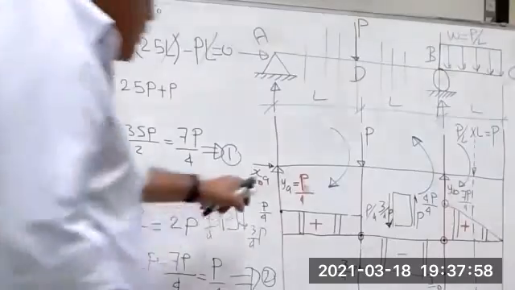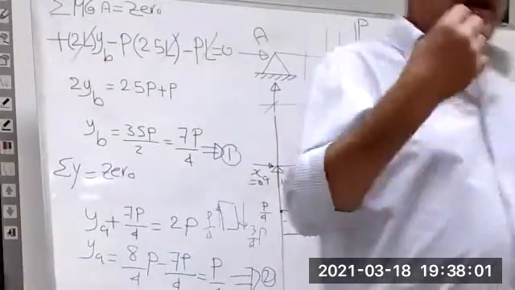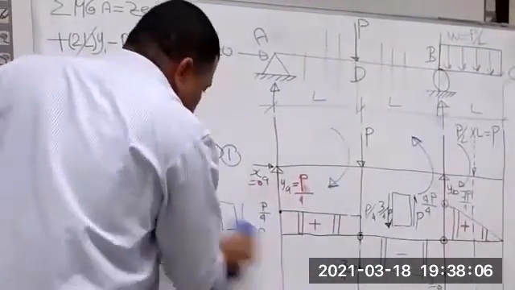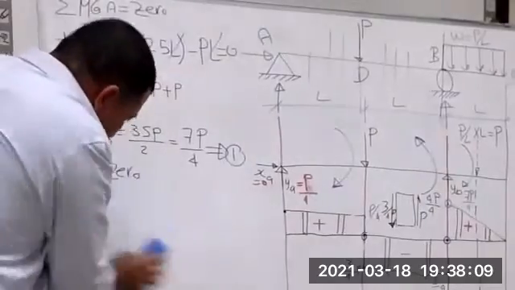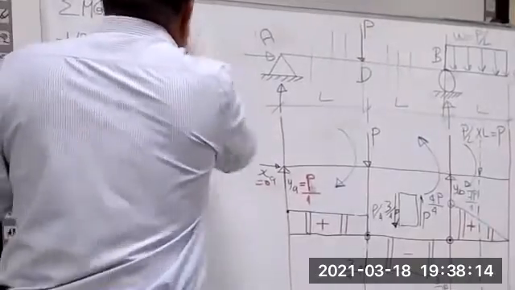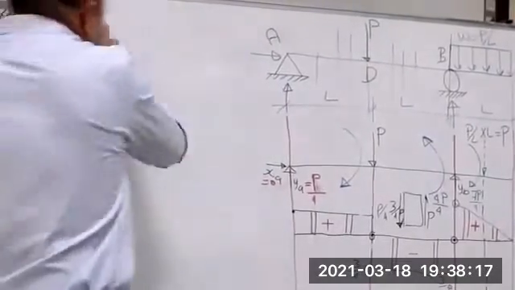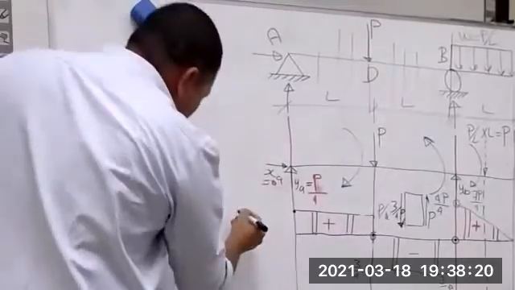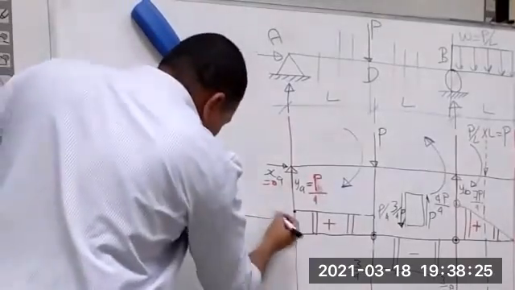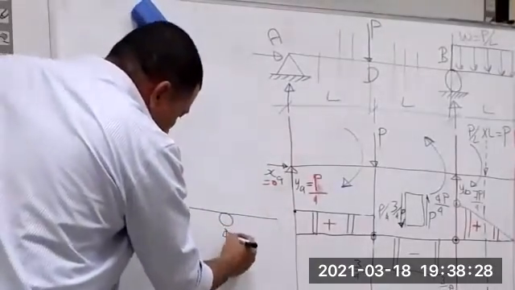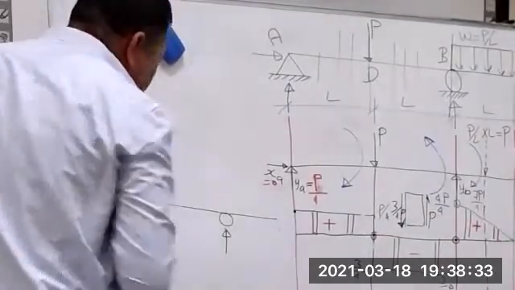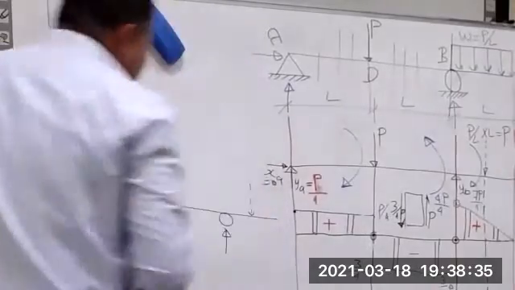Okay. I will draw the bending moment diagram because it's a very nice diagram. How to draw it? You have the reaction here, the reaction here, the support here, the external force here, and you have an equivalent moment at this section.